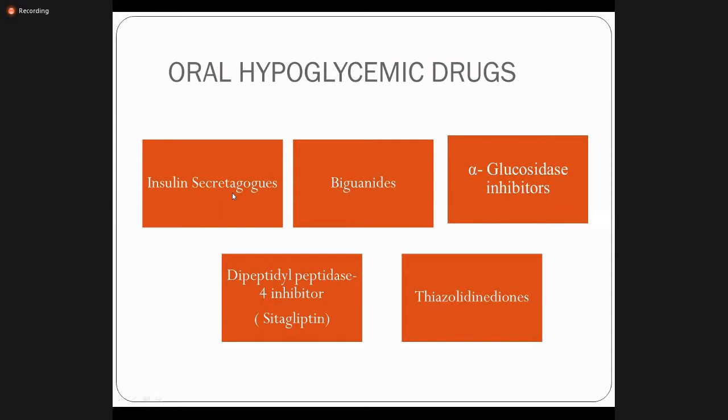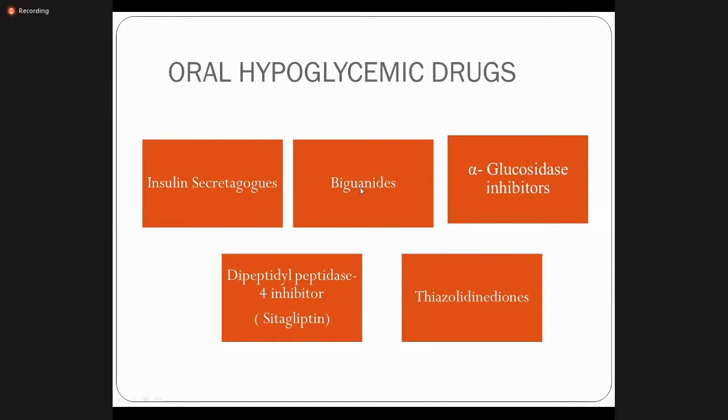So insulin secretion, increased chances of hypoglycemia. That is why, if we are going to prescribe insulin secretagogues, we have to monitor the blood glucose level closely, because these insulin secretagogues can induce a hypoglycemic state, right?